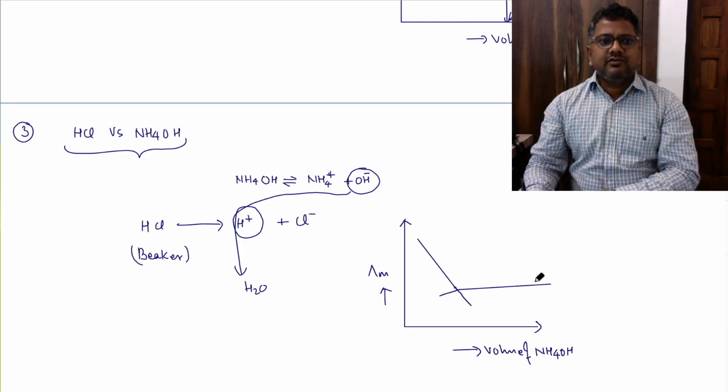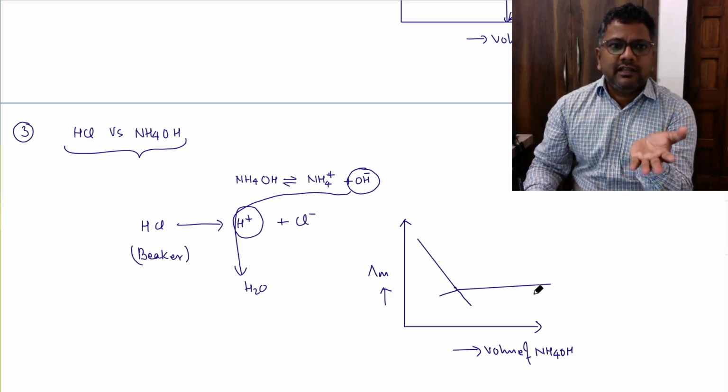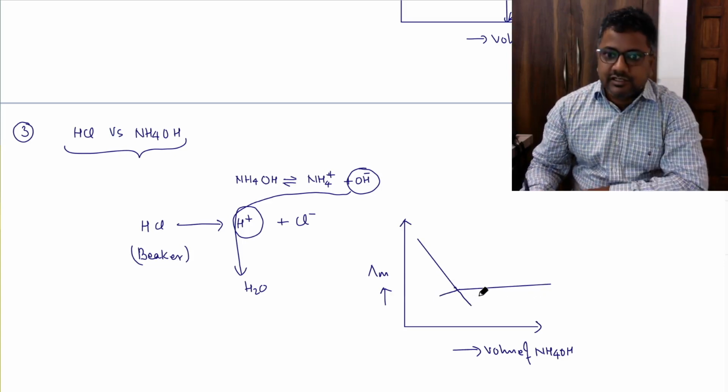Why? Because if you keep on adding NH4OH, it is a weak electrolyte and makes the equilibrium. So after some time it becomes constant. So this is the end point here.